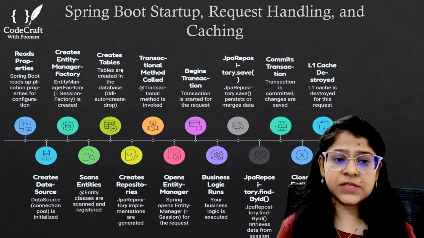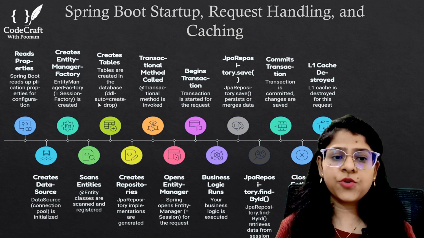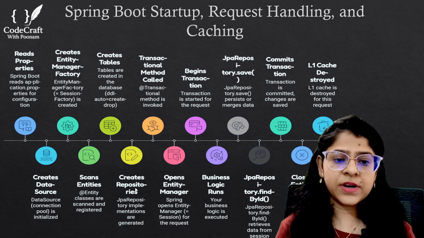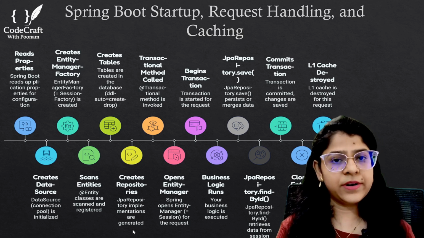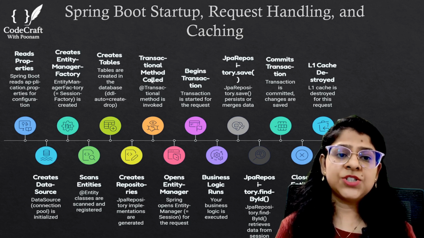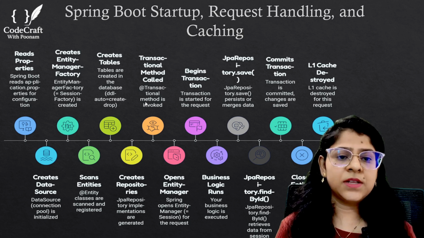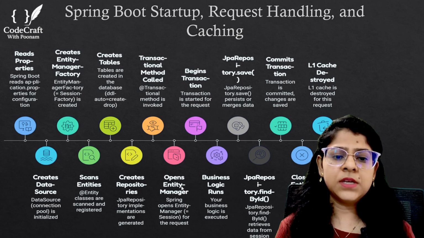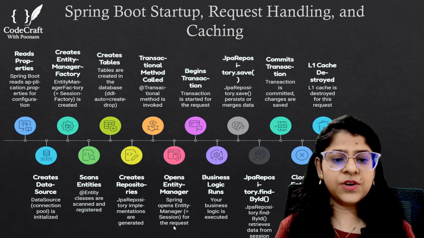After that, tables are created in the database, that is ddl-auto equal to create-drop. Then it creates the repositories, that is JPA repository implementations are generated, and then transactional methods are called, that is we used @Transactional. The method is invoked, and Spring opens the entity manager, that is your session, for the request.